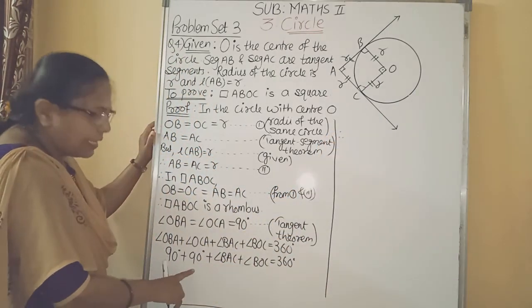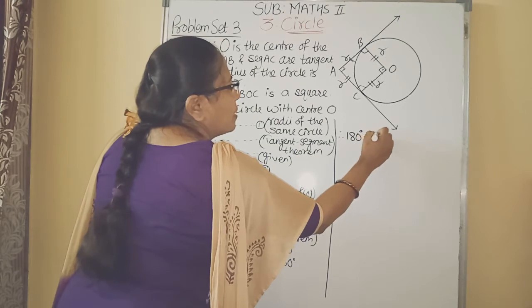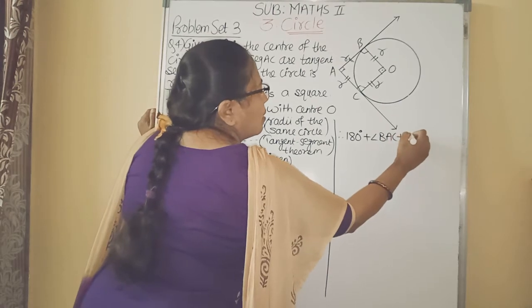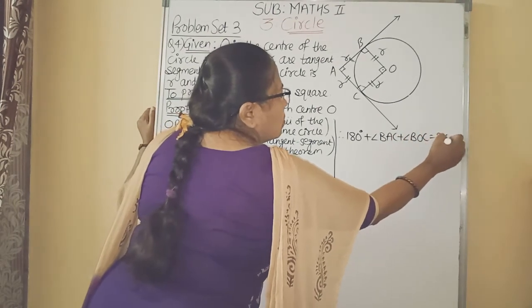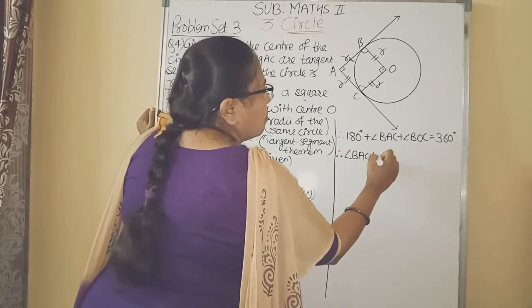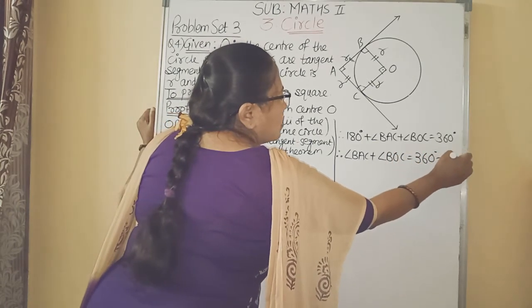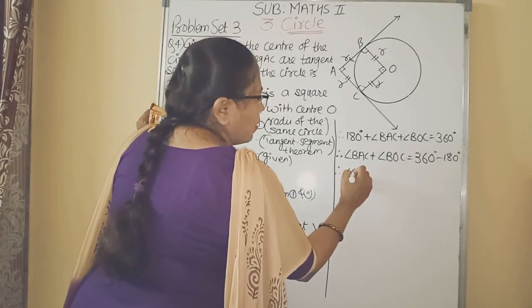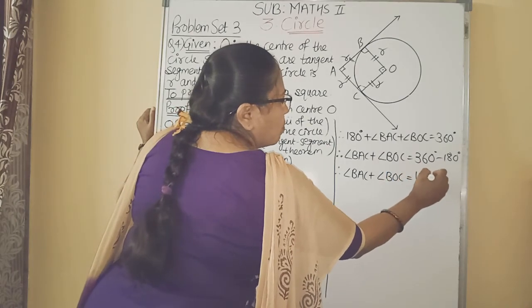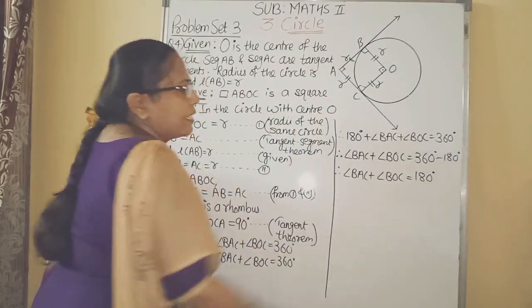Therefore, 90 plus 90, 180 degrees, plus angle BAC plus angle BOC is equal to 360 degrees. Therefore, angle BAC plus angle BOC is equal to 360 degrees minus 180 degrees. Therefore, angle BAC plus angle BOC is equal to 180 degrees. The sum of these 2 opposite angles is 180 degrees.